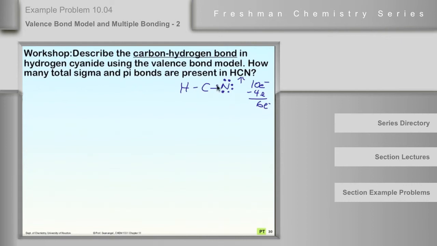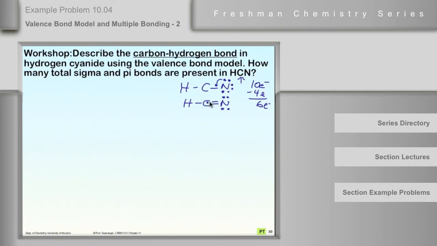Nitrogen needs 6 to get an octet. So we've got the nitrogen taken care of here, but the carbon isn't. So after step 4, we don't have a carbon octet. So first thing we can do is make a double bond between the carbon and the nitrogen by using a lone pair of electrons from the nitrogen to make the pi bond here.